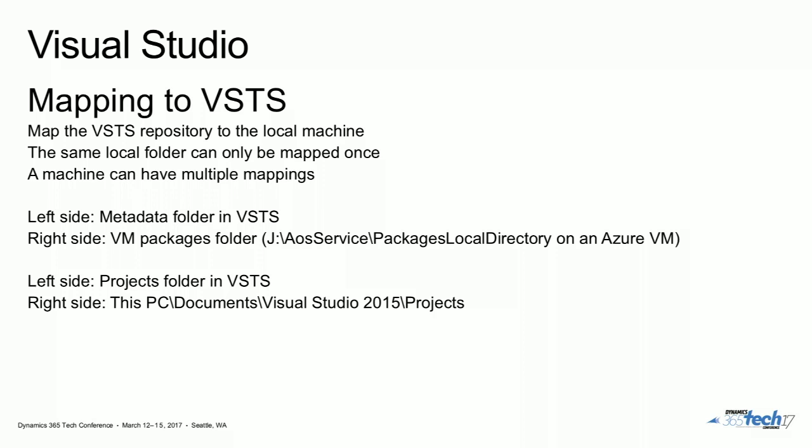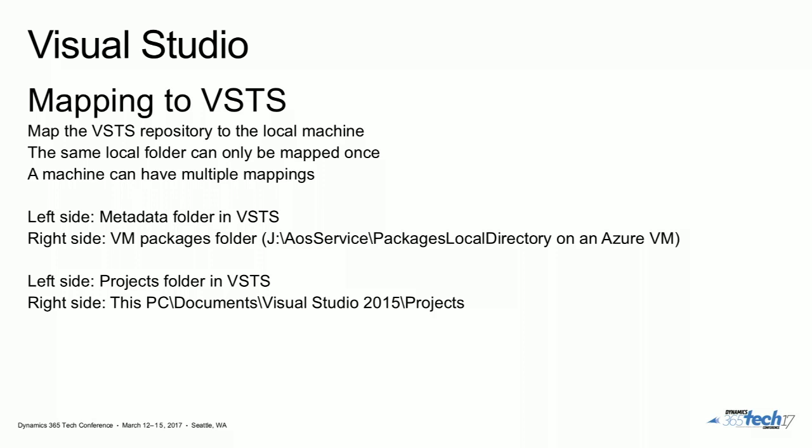So it was in that mapping window where the left side is the folder in VSTS, and the metadata folder goes to the packages folder of the VM, which is on the J drive that I talked about. On a VHD, it's right on the C drive.